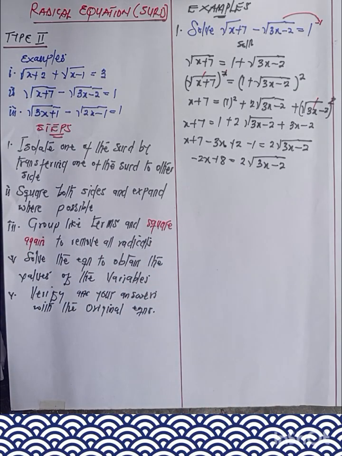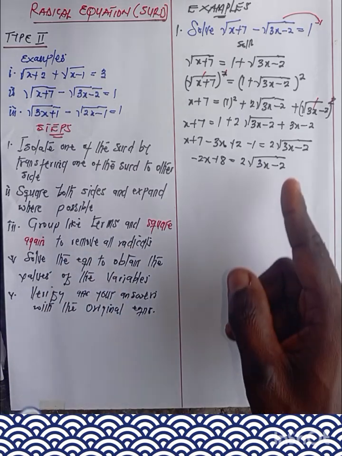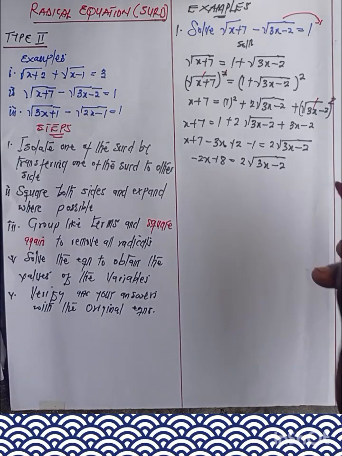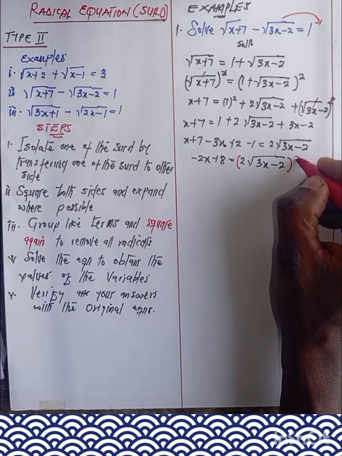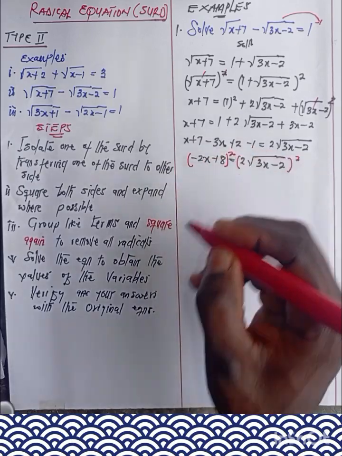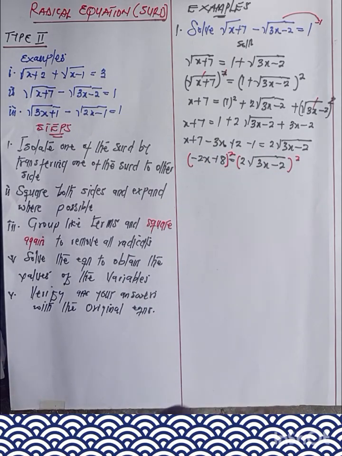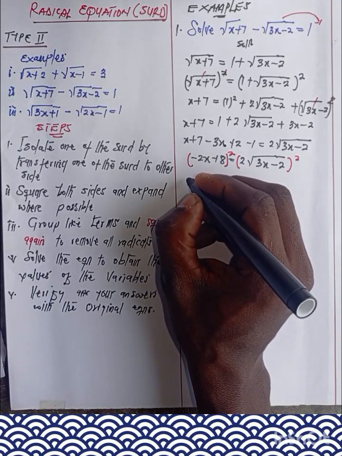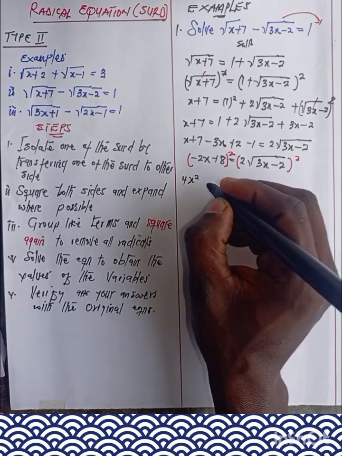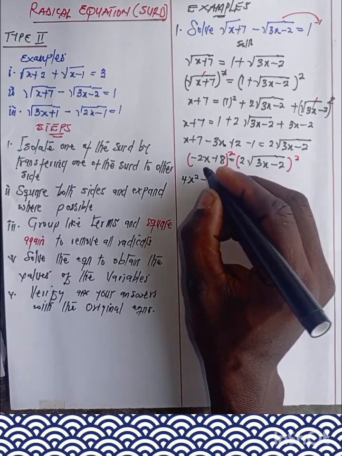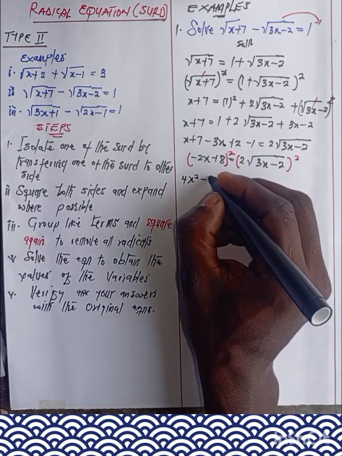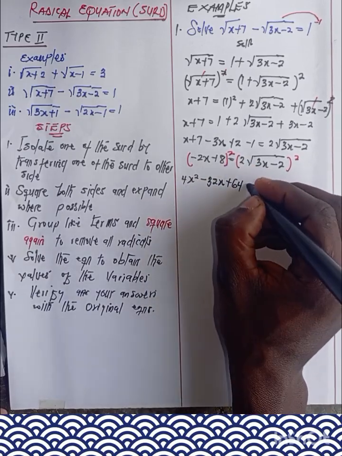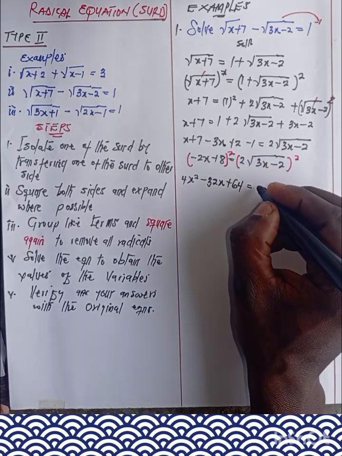So we are going to square again to remove all radicals so that we can remove this radical here. So let's square again here. When you square again, this is going to give you 4x squared minus 2 times 16 times 2, 32, so minus 32x, 8 times 8, 64, plus 64 is equal to 2 squared, which is what? 4.